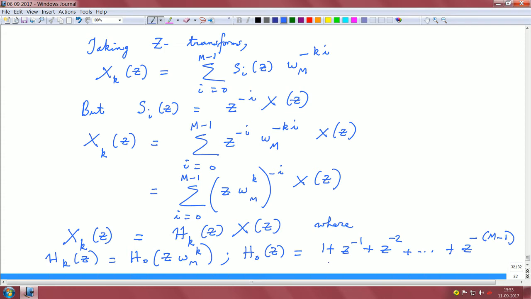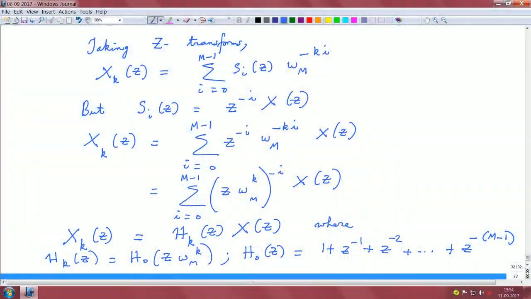And why do we need to bring this H naught? This is our base filter, or our mother filter, or our low pass filter here. We got our intuition with a 2 by 2 matrix. We started off with 1 plus Z power minus 1, and if we extend this for an m point, we get Z power minus 1, Z power minus 2 and so on and so forth.